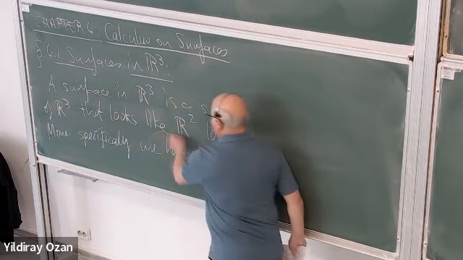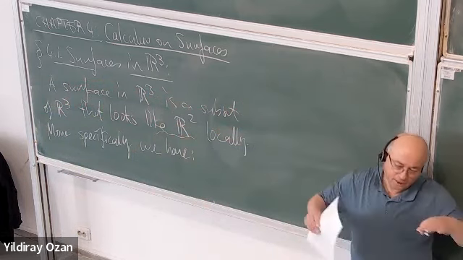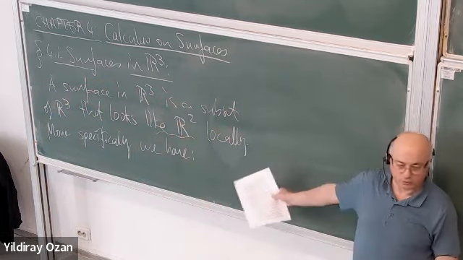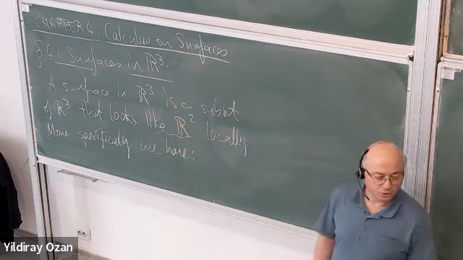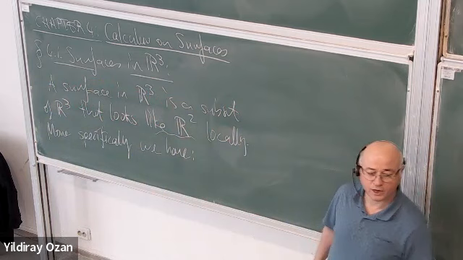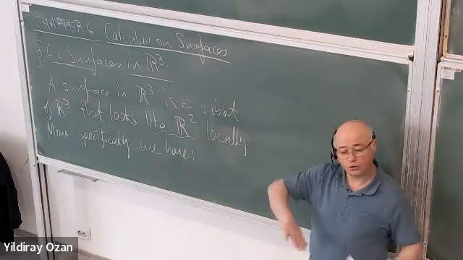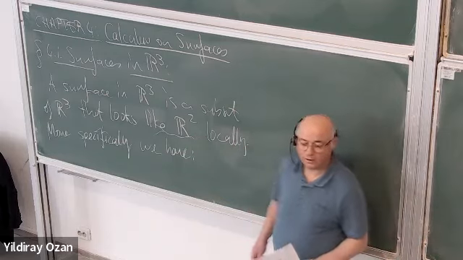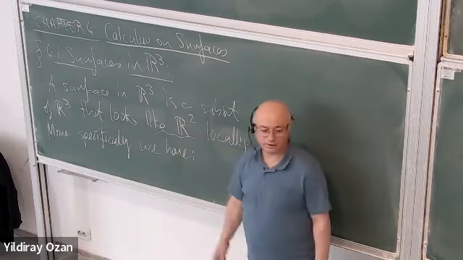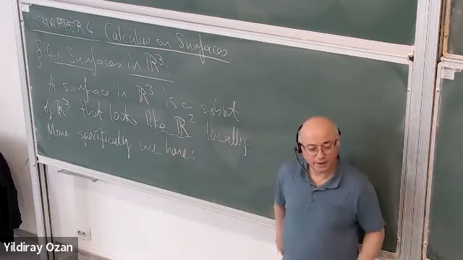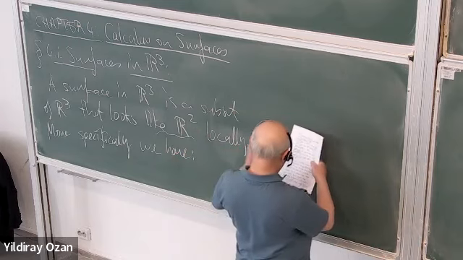We want it to look like R2 because, if it is like R2, then you can do calculus, okay? You can differentiate, integrate, and do such things, right? You can do anything you do on R2 on a surface. That's why we want to study objects like this, so that we can do analysis on it. All right, here is the definition.